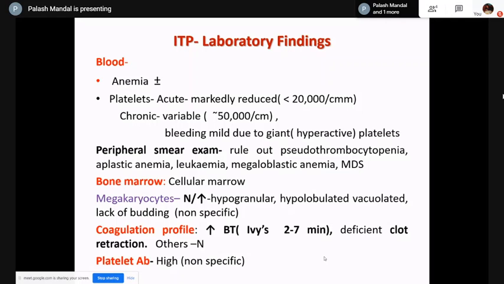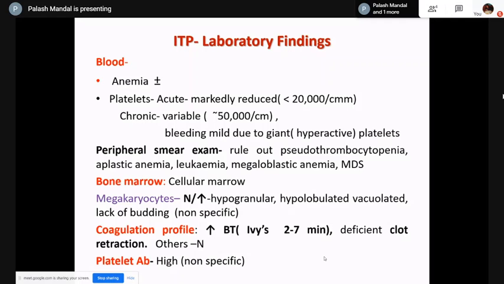So then comes the symptoms, then comes the signs, then comes the lab investigations. And whenever we discuss the lab investigations, do remember, don't think of only the pathology lab investigations. It can be radiological investigations also, and radiological investigations form a very important part of the diagnostic armamentarium these days.